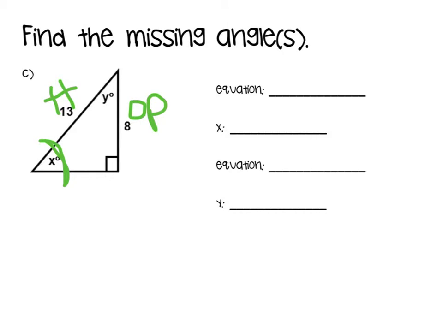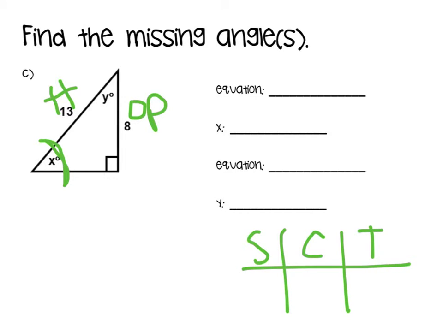So, again, draw that little reference table out. I have my opposite and I have my hypotenuse, so I'm going to use sine, and we're looking for an angle, so I'm just going to skip to finding my inverse.